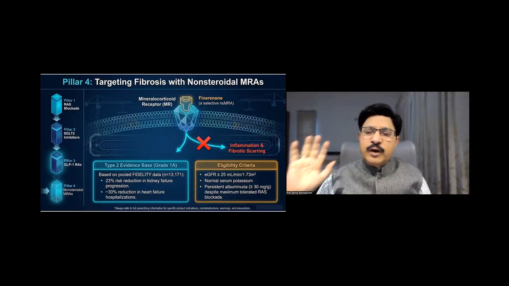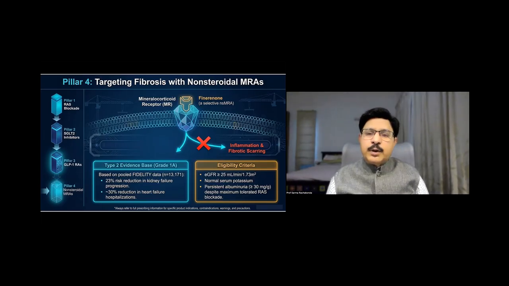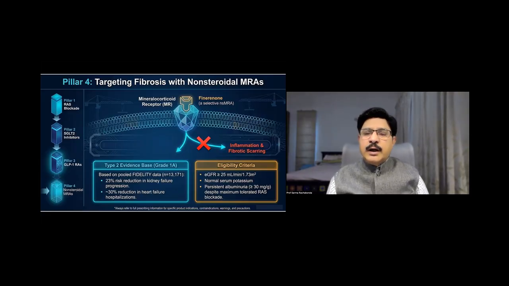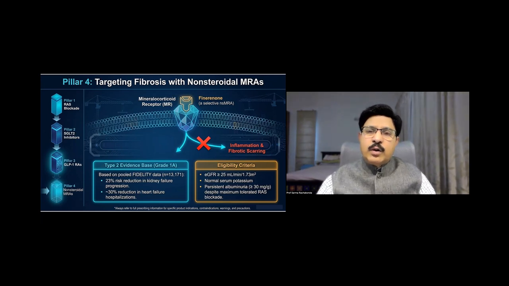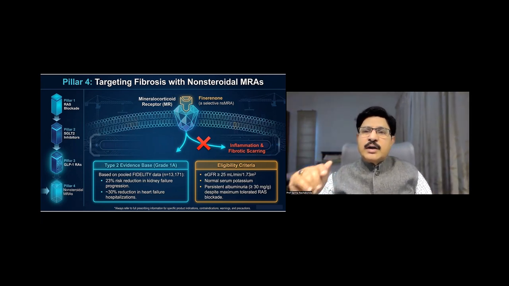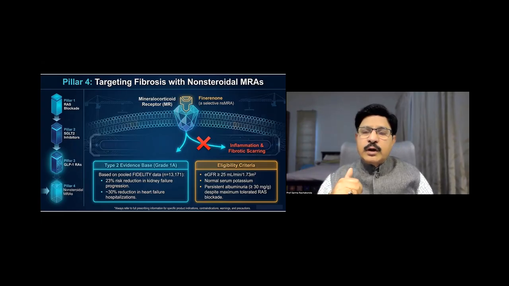More than 25 is still there. And then serum potassium should not be high if you have to use an MRA blocker. So serum potassium should be measured. It is normal. But persistent proteinuria is there and maximum tolerated RAS blockade is already given. Proteinuria is not controlled. Then I give non-steroidal MRA. How does it work? It corrects the immune inflammation and fibrotic scarring. These are the 4 pillars of management.